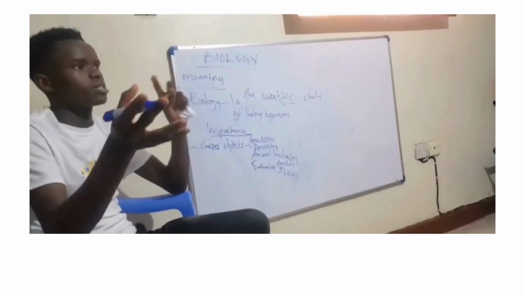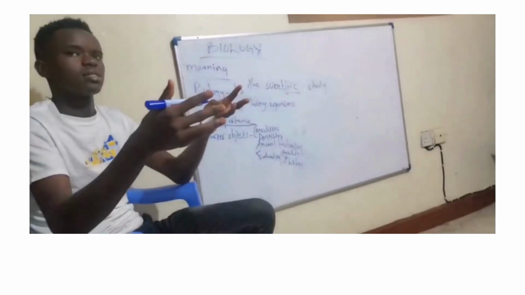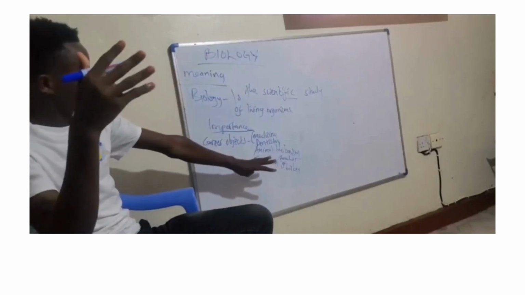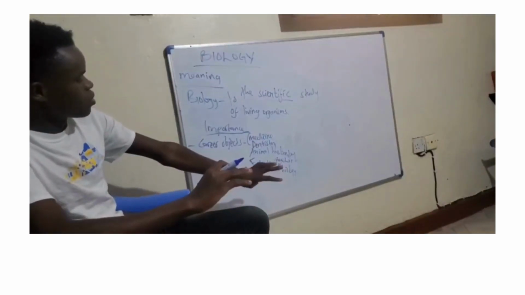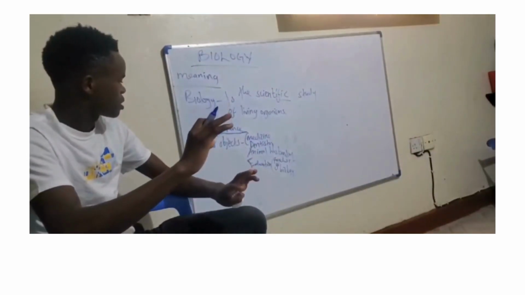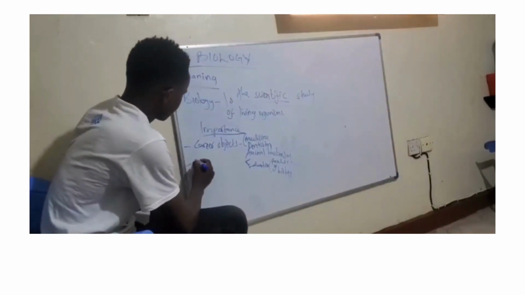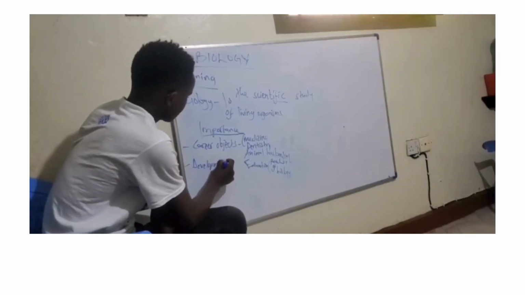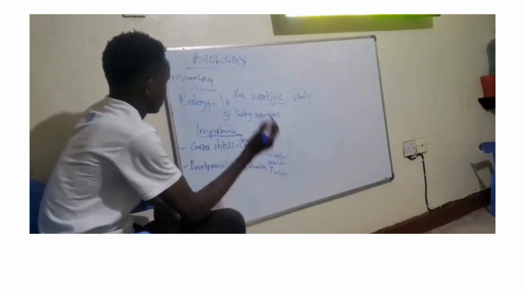Human beings undergo various stages in their life: from birth, they undergo adolescence, and at another point, menopause and all that. So through biology, you understand how those developmental processes take place throughout your life, in human beings and other organisms as well.